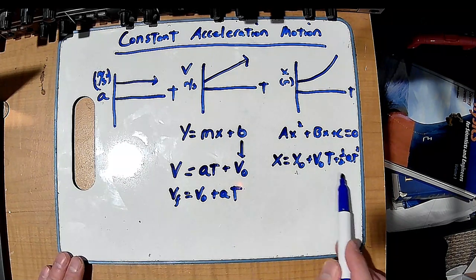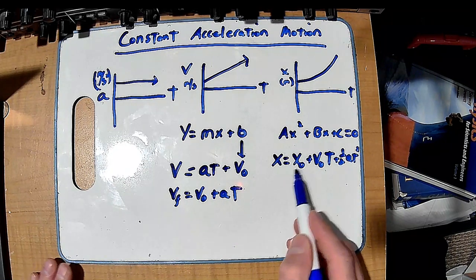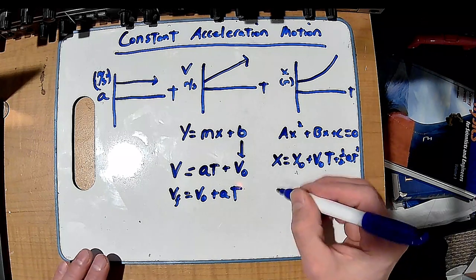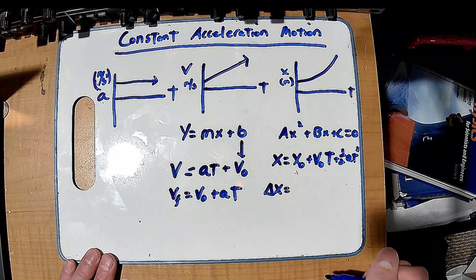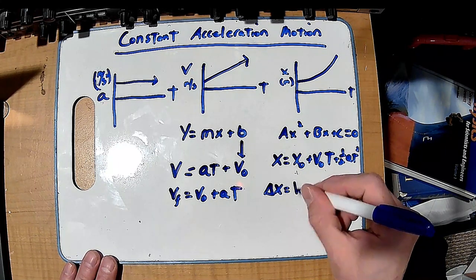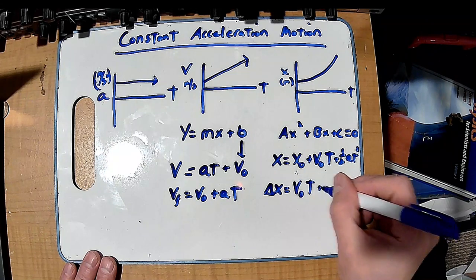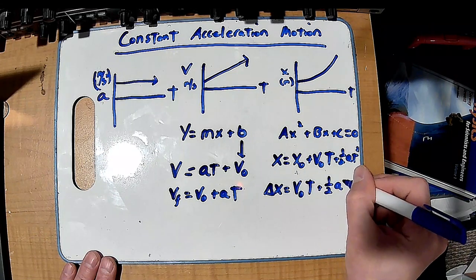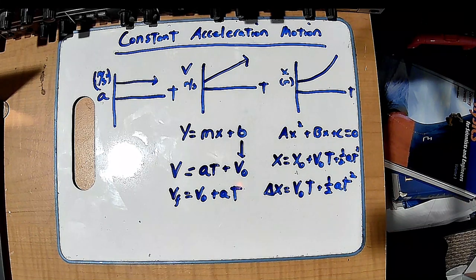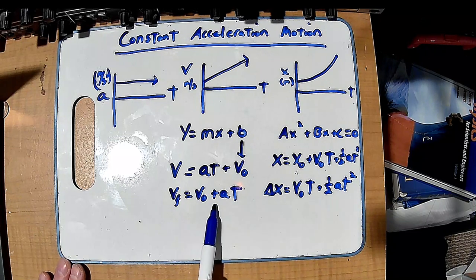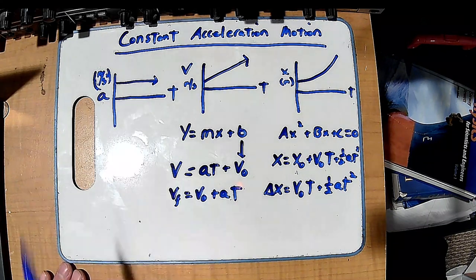This is a quadratic function, and if we subtract x naught from both sides, we can rewrite it in the form we saw in class: delta x, the change in position, the displacement, equals v naught t plus 1/2 at squared. For those of you in calculus, you could prove that the derivative of this function gives you this, and the derivative of this gives you a constant function.